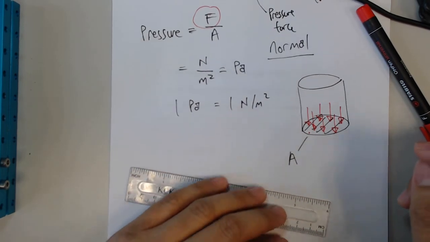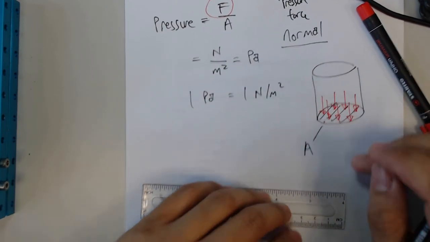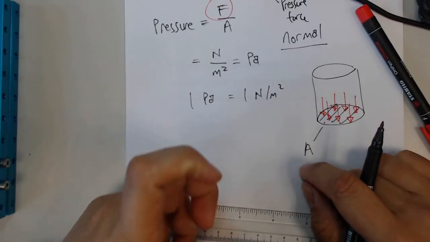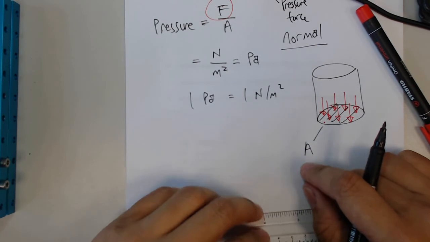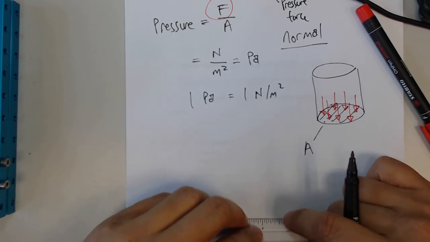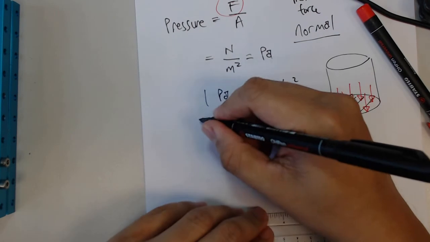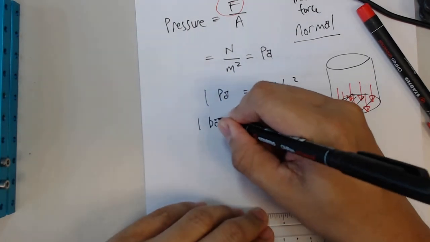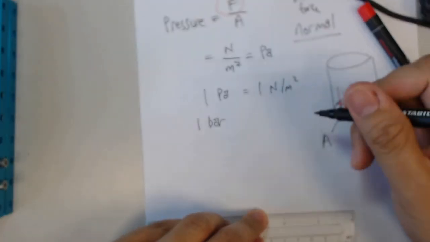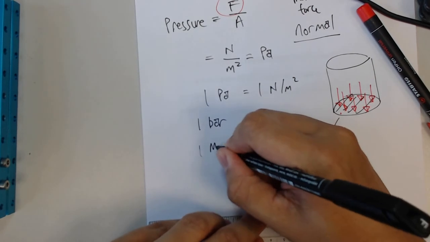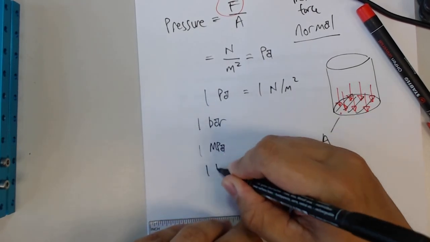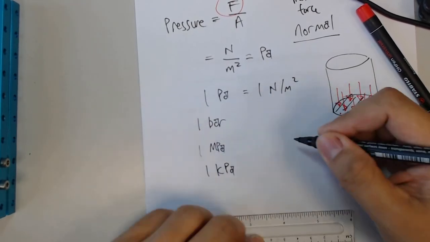It is not enough just knowing that 1 Pascal is the SI unit for pressure, because a lot of times we do not just use Pascal. We use units like 1 bar. We also use units like 1 megapascal and 1 kilopascal.